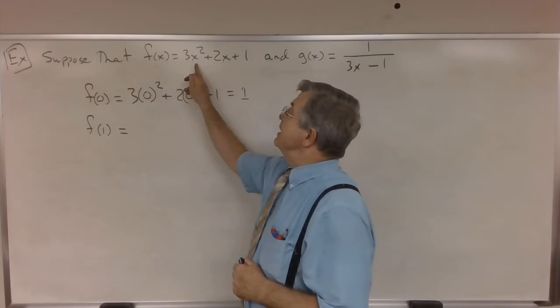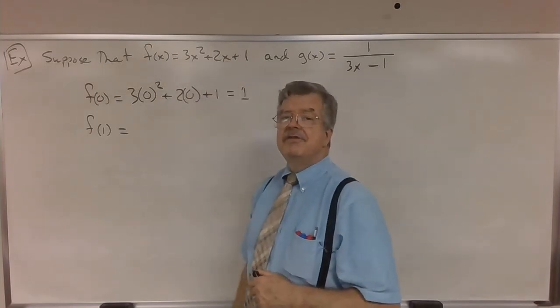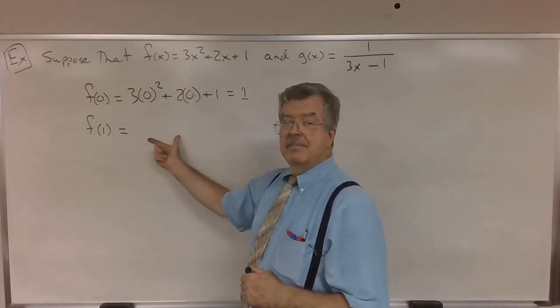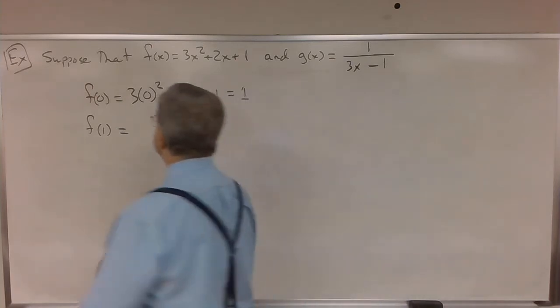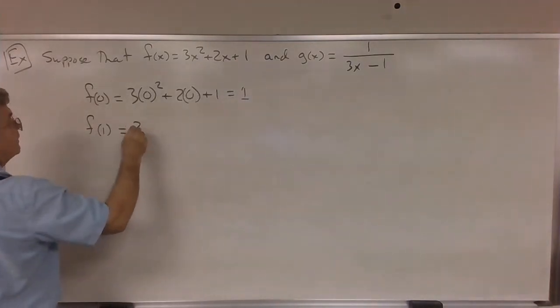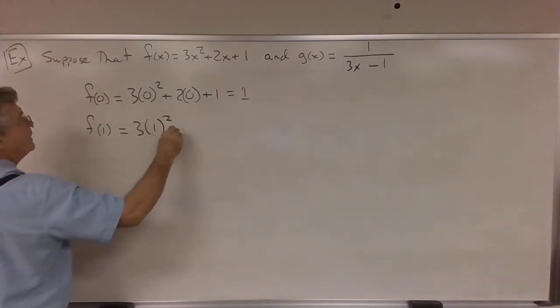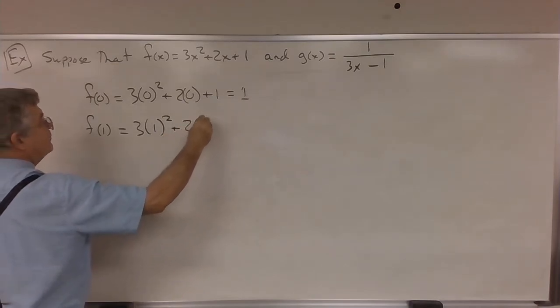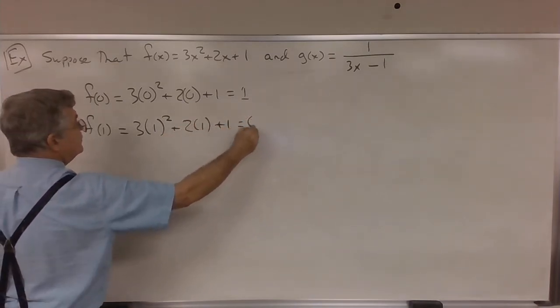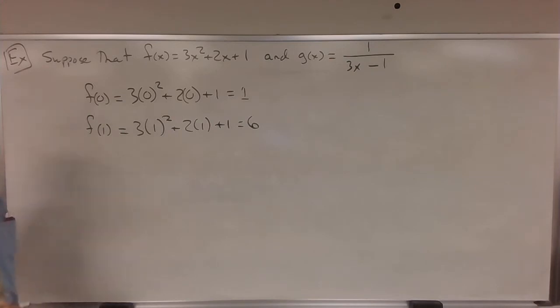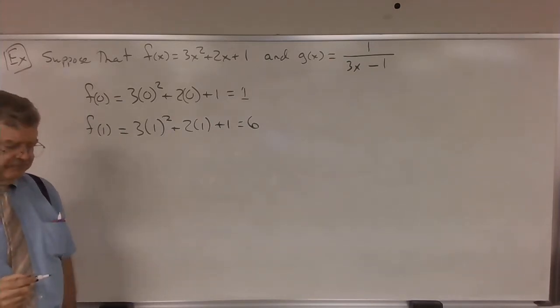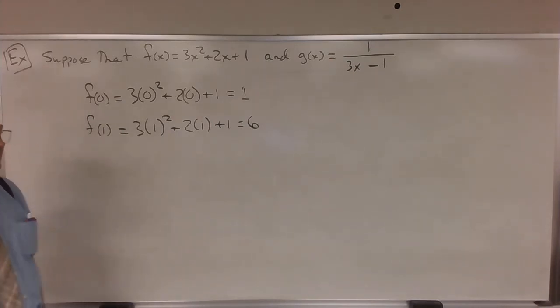So every place up here in our model that we see an x, we're going to put 1 down here. So we have 3 times 1 squared plus 2 times 1 plus 1 is equal to 6. And it turns out that we were right. Let's do another one.